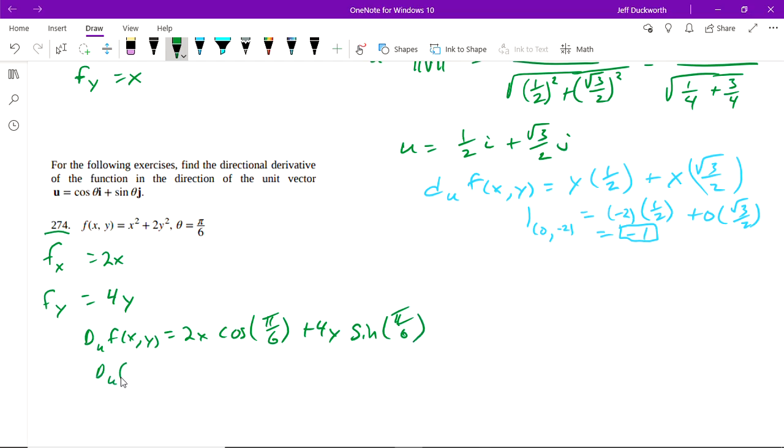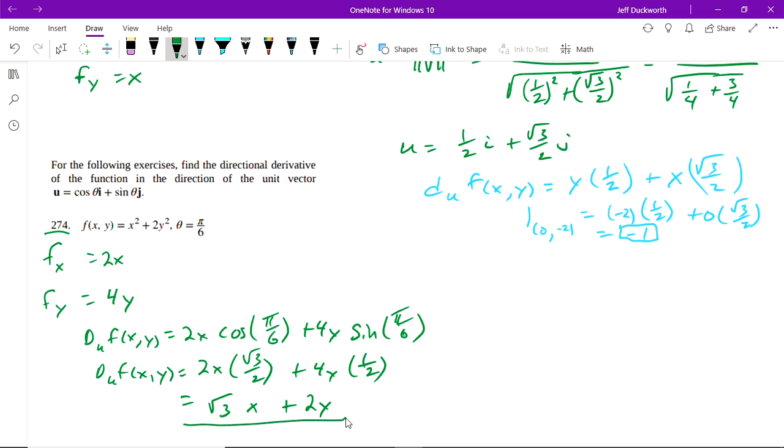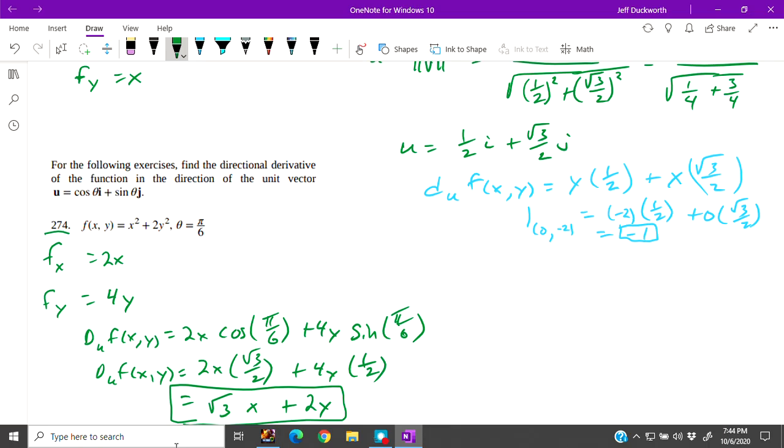So that derivative is 2x, and cosine of pi by 6 is root 3 over 2, and the sine of that is 1/2. Ultimately the 2's cancel, so we have root 3 x, and then 4 divided by 2 is 2, so 2y, and that is going to be our ultimate answer for this one. We're not evaluating this one at a point, they're just looking for the function.